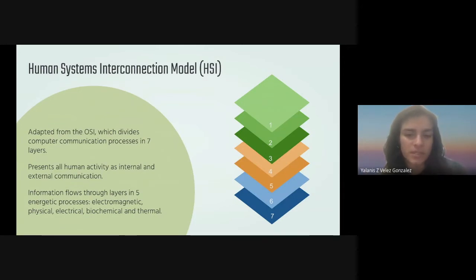So throughout this presentation, I might mention these words internal and external frequently. Whenever I say internal, I mean inside of our minds. Whenever I say external, it is outside of our minds. So our bodies are outside of our mind, the environment is outside of our mind.